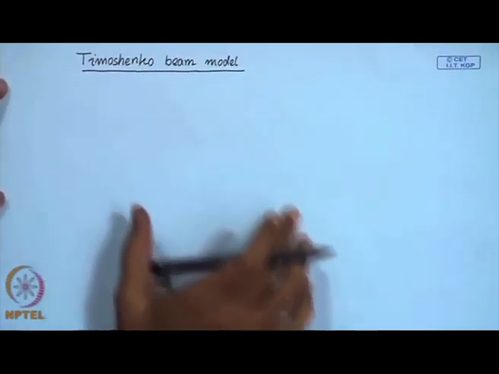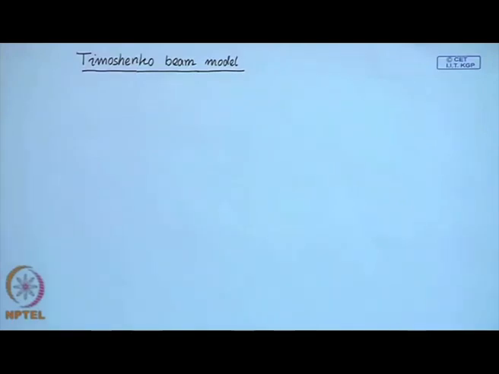The assumptions that we made in our previous lecture, that the slopes are small, the material is linearly elastic, homogeneous and isotropic, all those assumptions still hold, except that now we are going to introduce shear in our model.